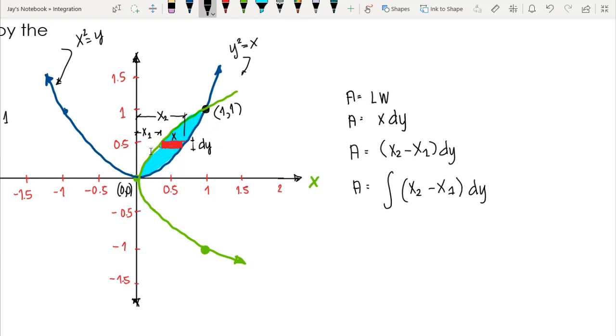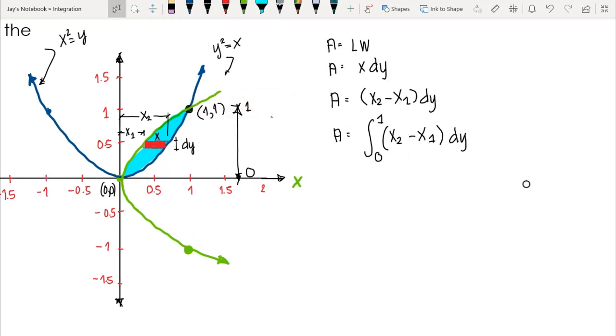Now, take note, we are integrating with respect to y, so our limits should be along the y-axis, within this range. Our limits are from 0 to y equals 1, which is the y coordinate at this point. So our limits are from 0 to 1.